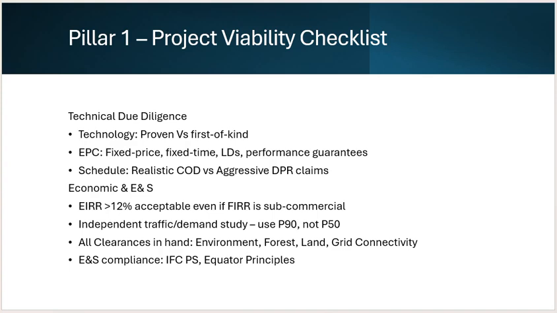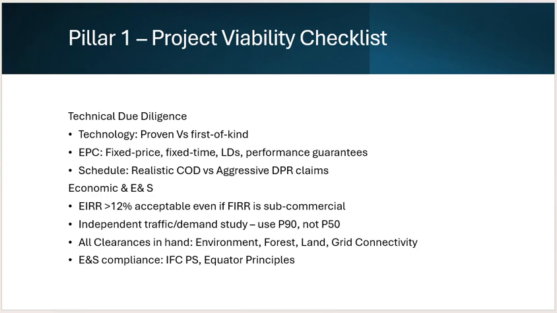So for the independent traffic and demand study, we use the probability of 90, not the probability of 50%, because the chances that the study will hold are higher as compared to the other things.